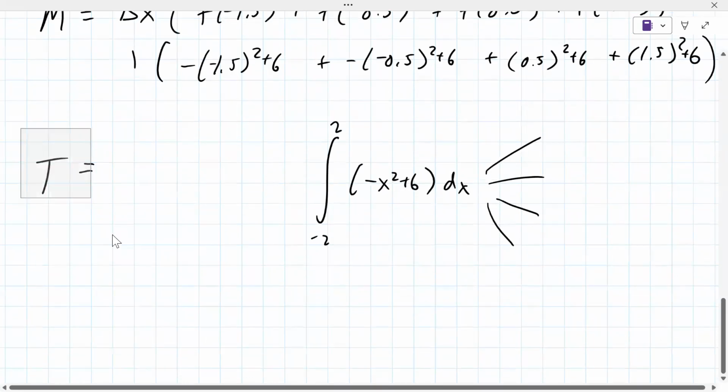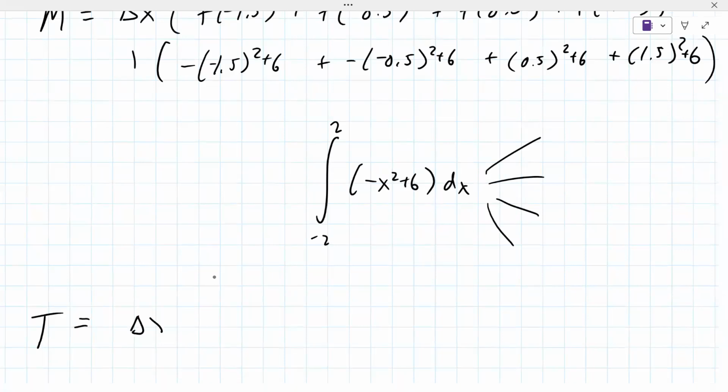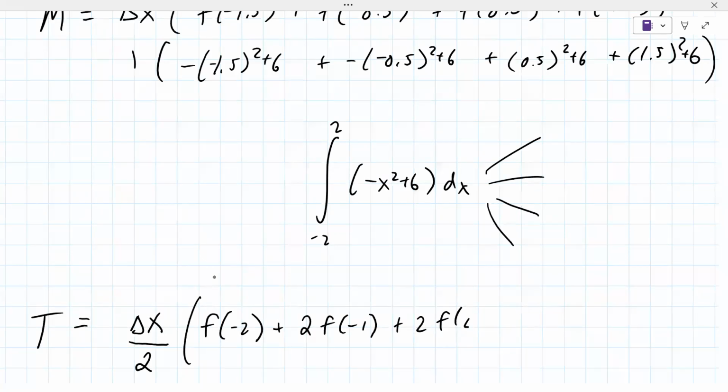So, trapezoid rule. I believe it's delta x over 2 now. And then it's f of the left endpoint plus 2 times the next endpoint, all of them except the right endpoint.